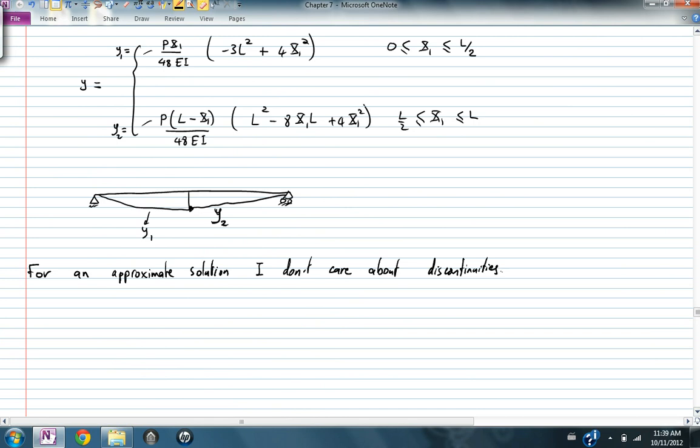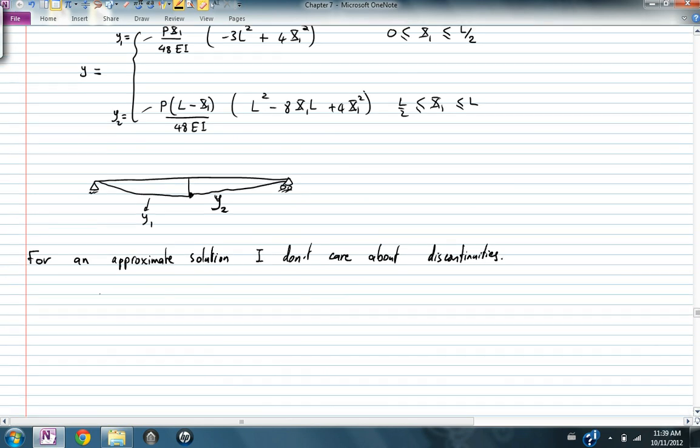And I can say, well, assume y approximate is anything I want, and I think that for me, an approximate solution that's good enough has a cubic shape: A0 plus A1 x1 plus A2 x1 squared plus A3 x1 cubed.